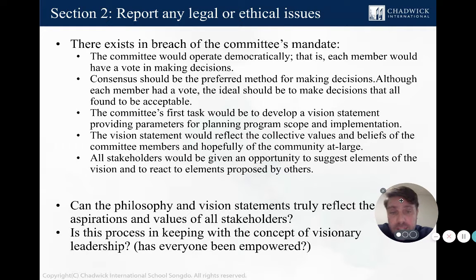So I would ask, when looking at this and looking at the committee's mandate, can the philosophy and vision statements truly reflect the aspirations and values of all stakeholders? And is this process in keeping with the concept of visionary leadership, i.e., has everyone technically been empowered?